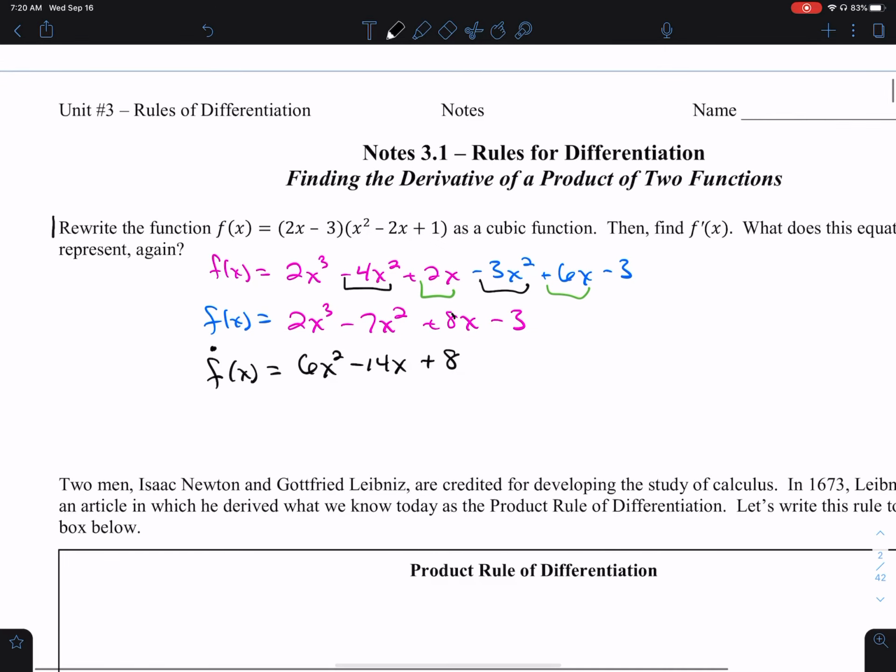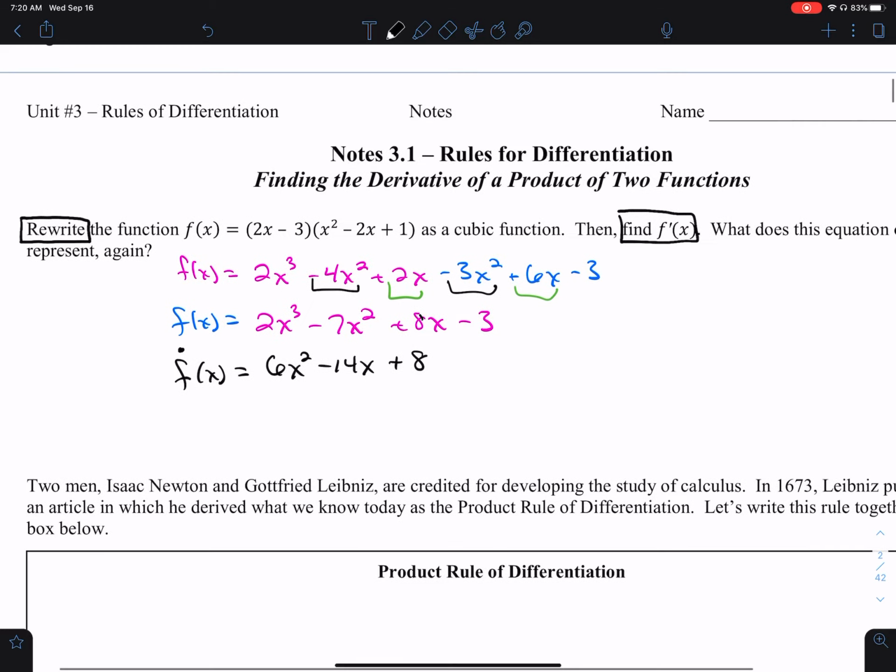So let me redo this. We're supposed to rewrite the function. We did that. We're supposed to find f prime of x. We did that.